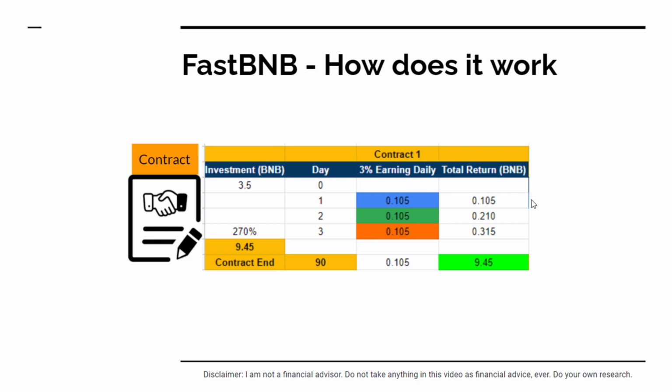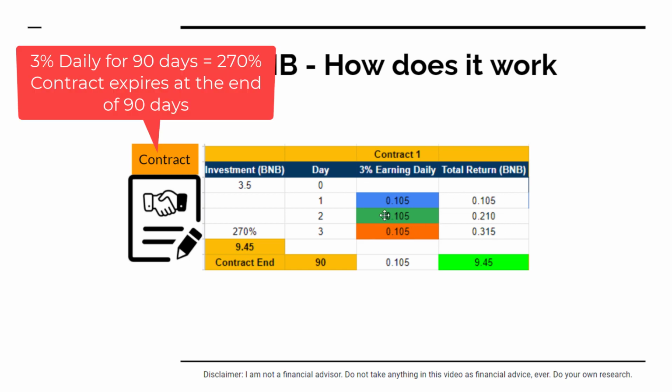That's what you will get. So this is definitely over the minimum investment, which means if you're interested, the next day you can reinvest that same 0.105. And the next day you're going to get 0.105 again. You can reinvest that as well. So you can reinvest all the time.